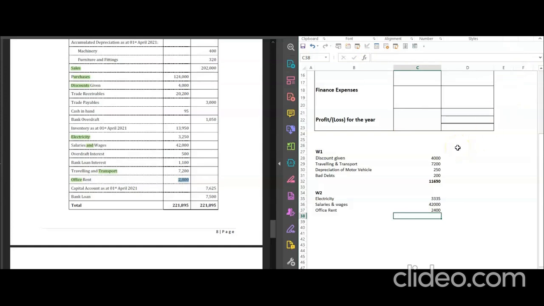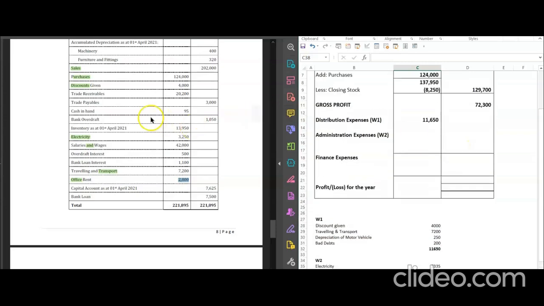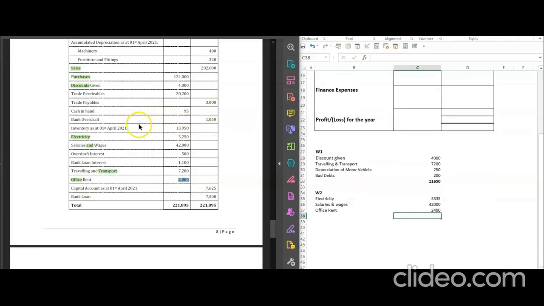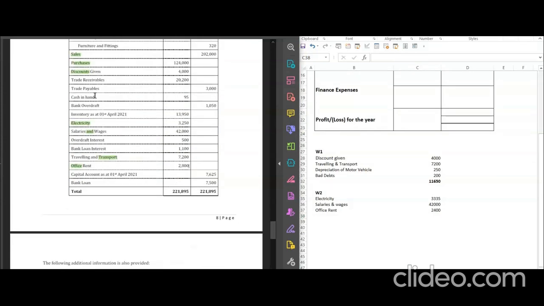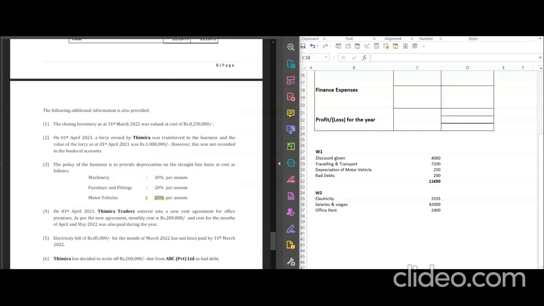Now after that you have to add some more things. What is that? That is your depreciation. Your depreciation is for machinery and furniture and fittings.